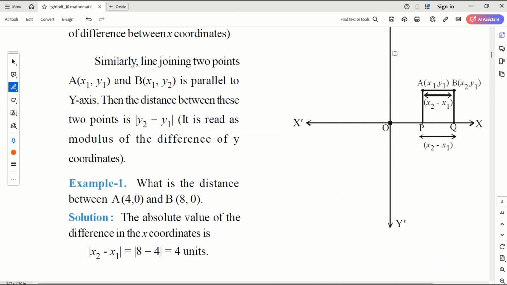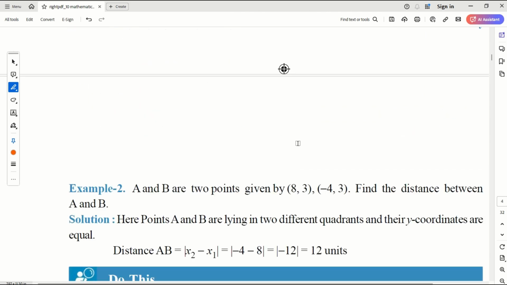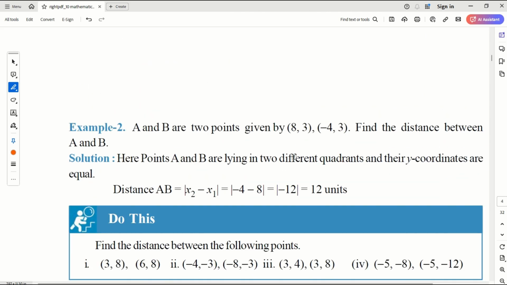If the line is parallel to y-axis, you will find only the difference in the y coordinate, as the x coordinate will be same. So at that time, the distance is the difference in the y coordinate. So whether the 2 points are on the same axis or parallel to an axis, the method is almost the same. Correct? That's what is mentioned here.